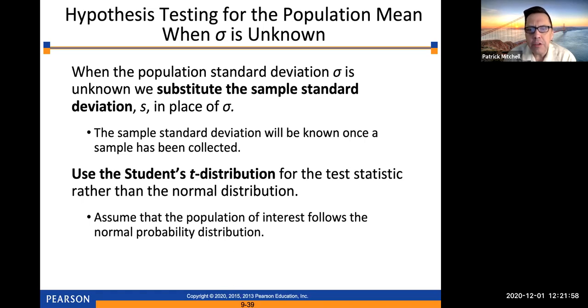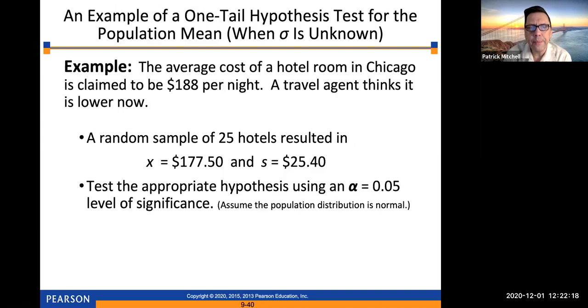The sample standard deviation will be known once a sample has been collected. So in the case where sigma is unknown, you use the student's t distribution for the test statistic rather than the normal distribution. And assume that the population of interest follows the normal probability distribution.